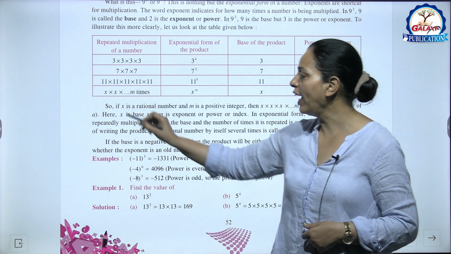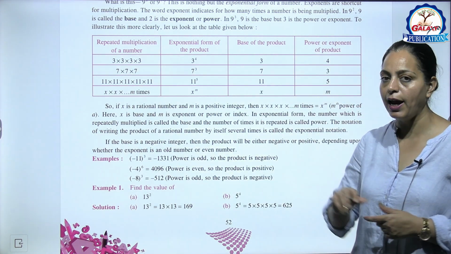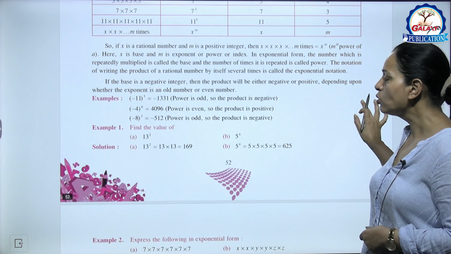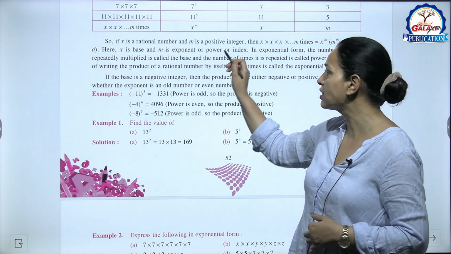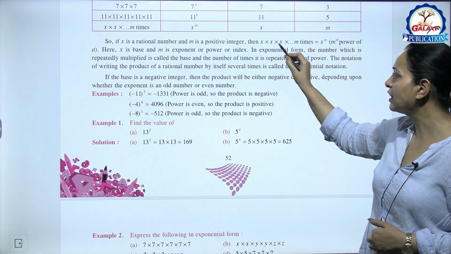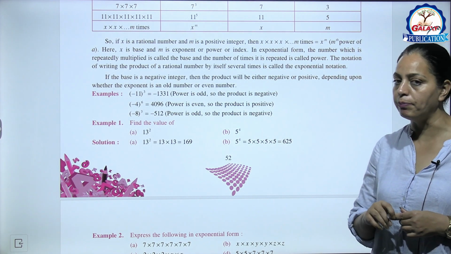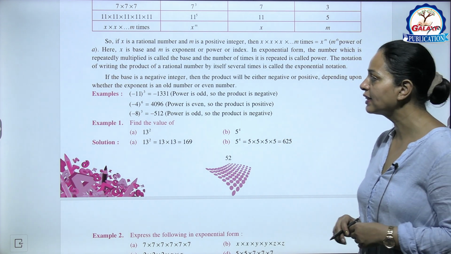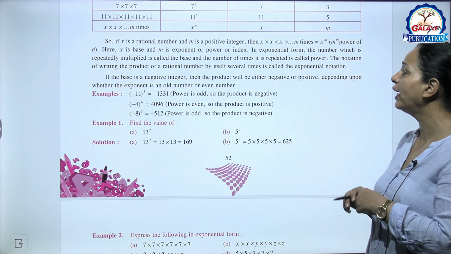Okay. Now here x into x into x, m times. So x raised to the power m, and base is x and power is m. So if x is a rational number and m is a positive integer, then x into x into x, m times, is x raised to the power m, which means mth power of x, where x is the base and m is the exponent or power or index.